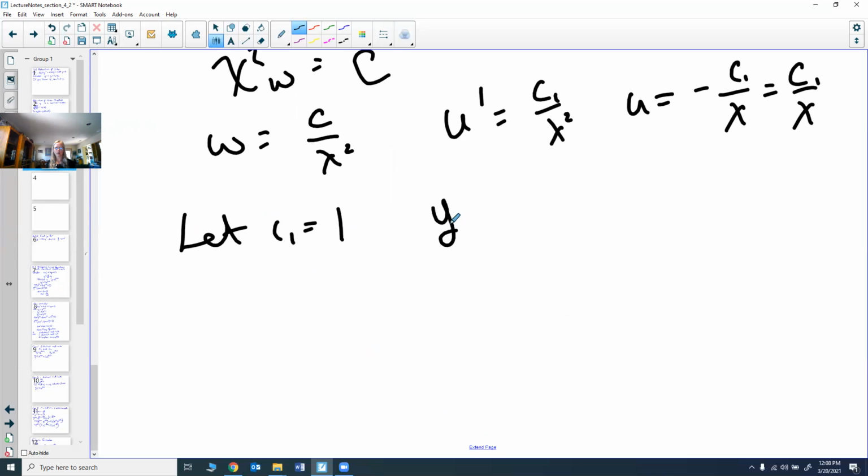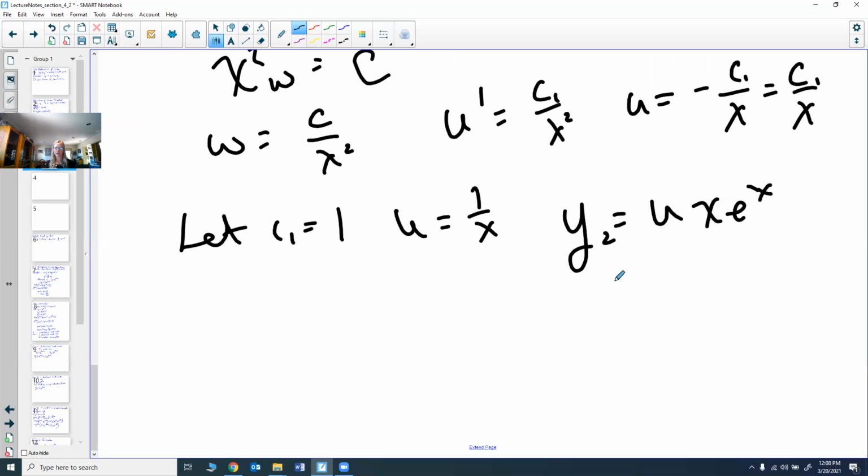So therefore, my u is just 1 over x. And so that means y2, remember y2 was my u times x e to the minus x. So it's going to be 1 over x times x e to the minus x. So it happens to be e to the minus x.